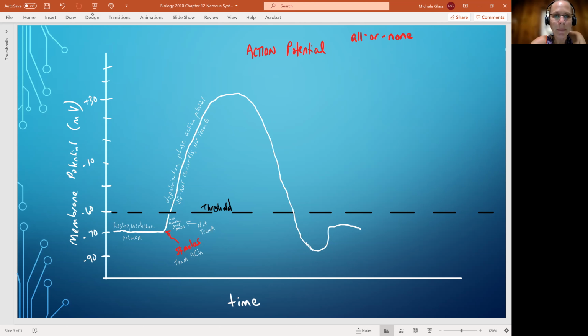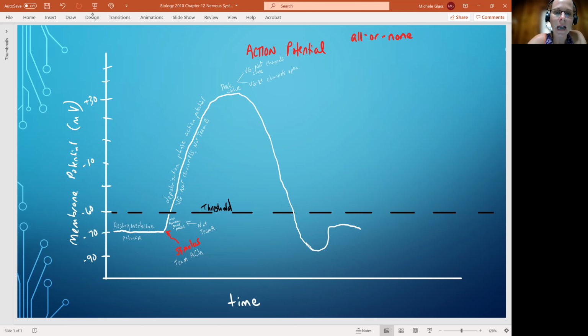At the top of the graph, that's our peak value. And at our peak value, remember we said like two things are happening. So the voltage gated sodium channels close and the voltage gated potassium channels open. And remember, instead of close and open, we can say deactivate and activate.